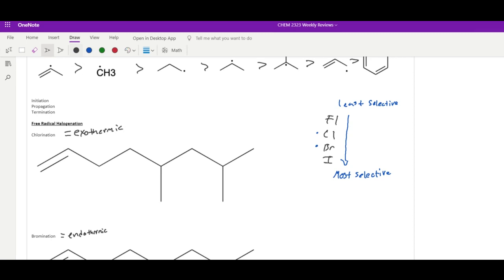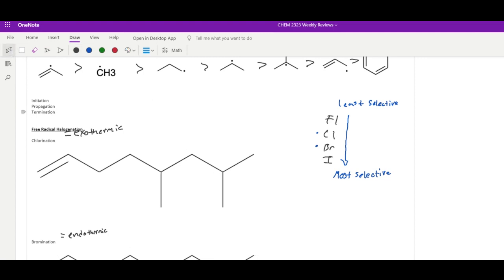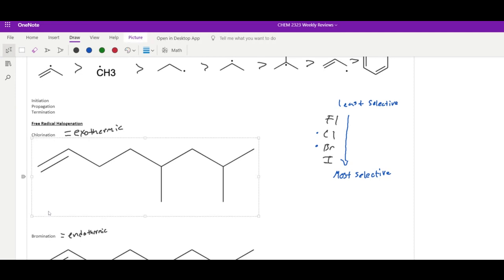So the first step in a free radical halogenation problem is identifying where your radicals are. And a radical exists wherever there is a hydrogen available. Let me type that because that's very important.